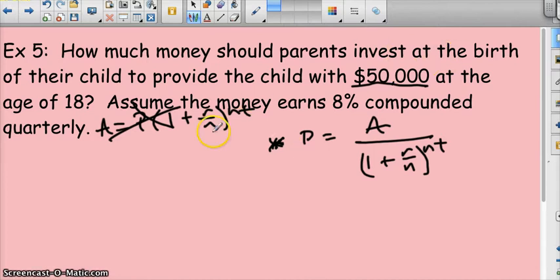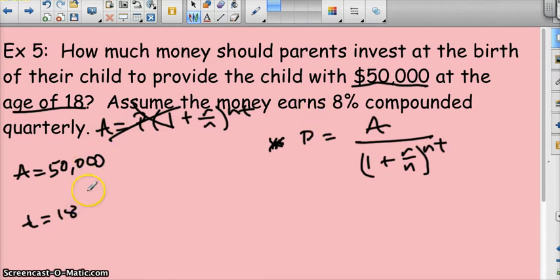The $50,000 is the amount of money that we want to have after 18 years when the kid's 18, so that's the A. Oh, let's see, at the age of 18. Well, if we want to have the money when the kid's 18 and they're investing it when they're born, the actual amount of time that'll be in the bank is 18 years. It's a little trick there, but not too hard.